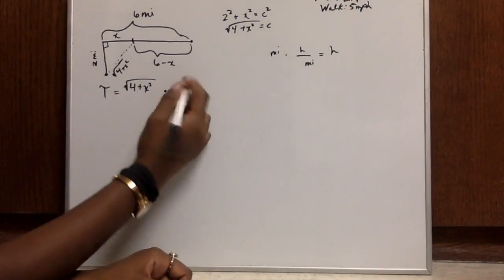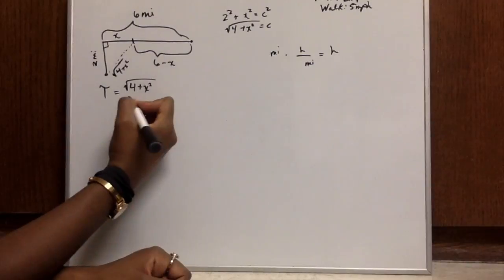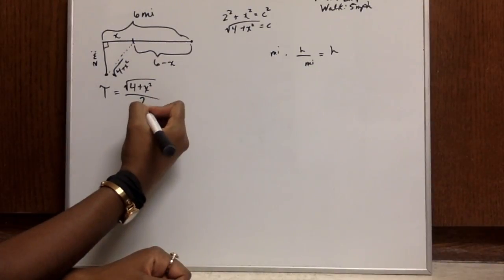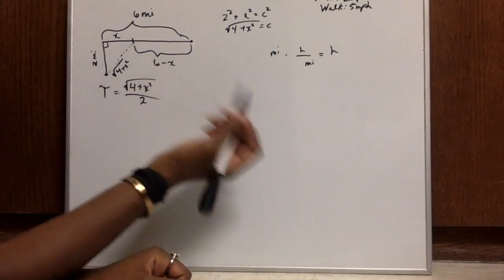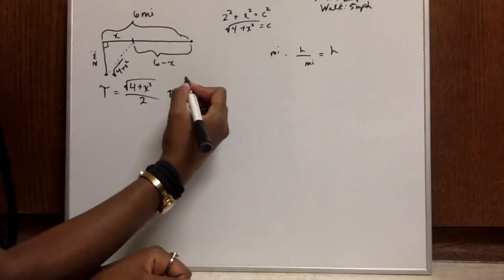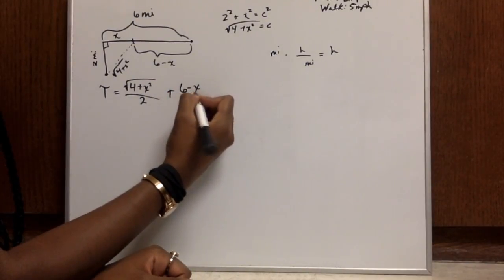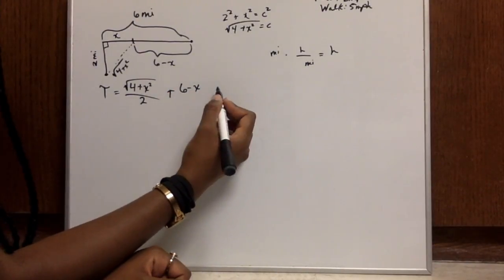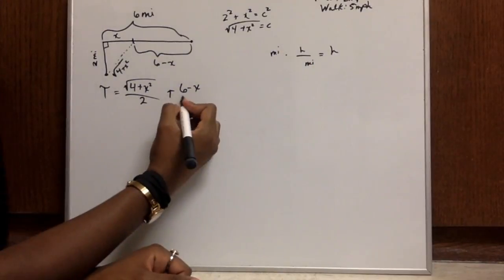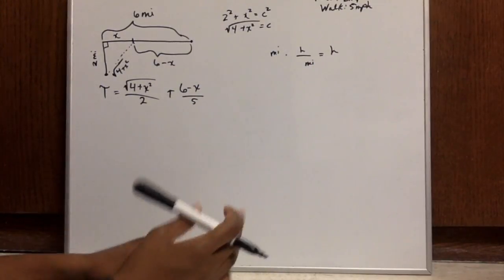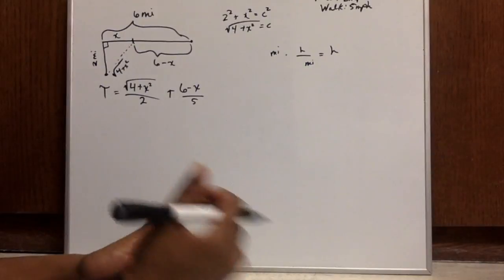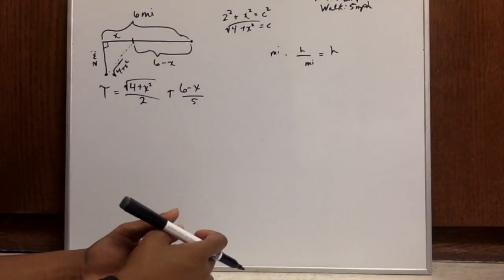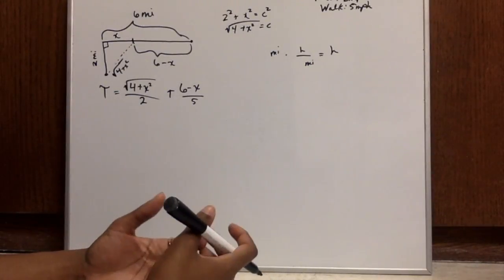So that would be times 1/2, which is the same thing as dividing something by 2. So here we have her rowing time, and her walking time is going to be 6 minus x times 1/5, or divided by 5. And so this is going to be the equation that we are going to be taking the derivative of in order to find the least amount of time.